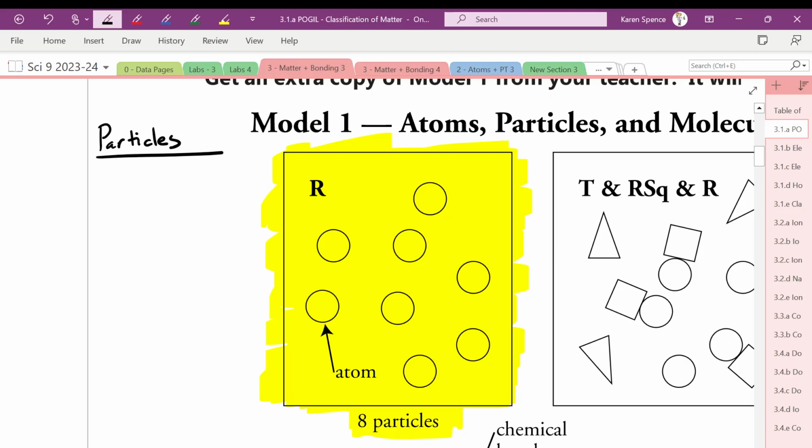Pash, you wanted to give us an answer? Atom, yes. One type of particle is an atom. And a way of representing an atom would just be the easiest, the Dalton model. So there's an atom.